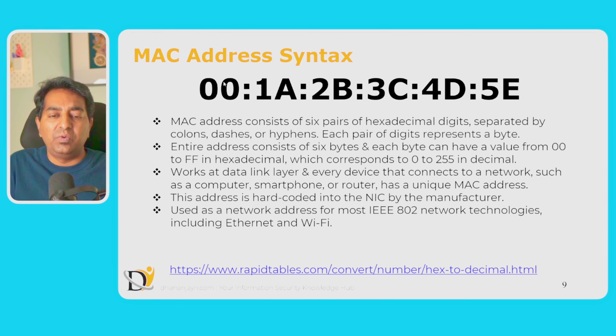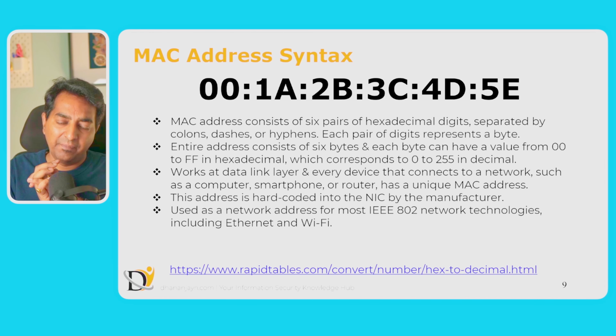Please note that a MAC address is denoted using hexadecimal notation. In hexadecimal notation, the smallest number is 00 and the highest number is FF. As an analogy, 00 in hexadecimal means 0 in decimal, and FF in hexadecimal is 255 in decimal.